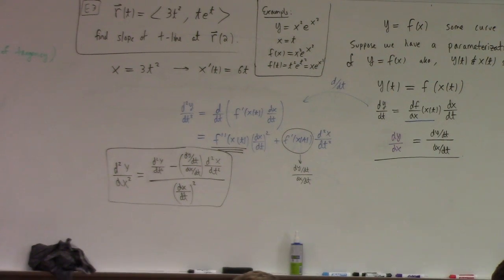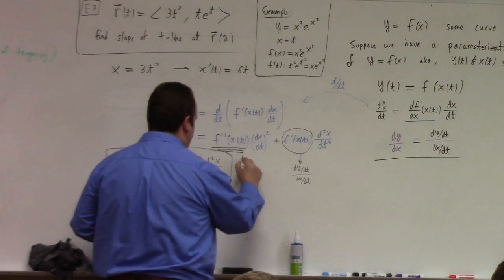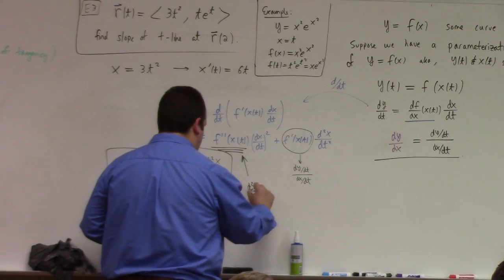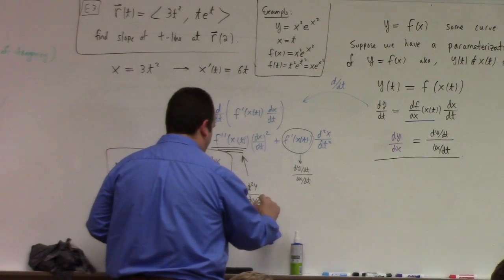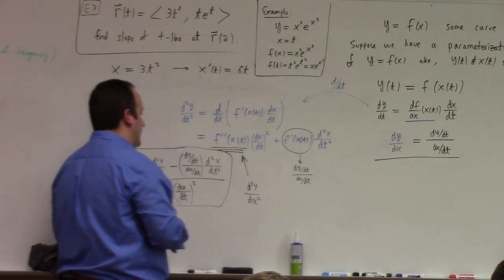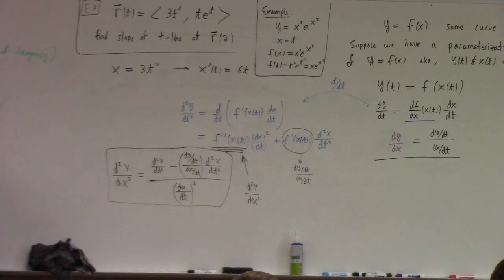I'm saying that this triple underline thing is exactly d squared y dx squared. And so I'm solving for that. Anyway, if you were asked to calculate the second derivative in terms of parametric things, you would go down this path. So here is what you could use to analyze questions about concavity and things like that, for example, right?